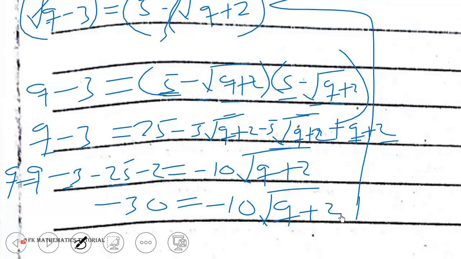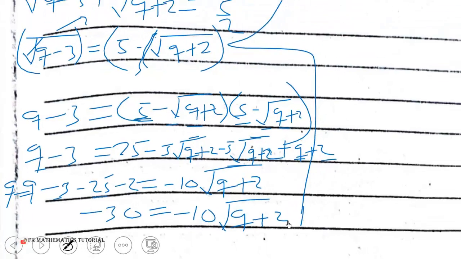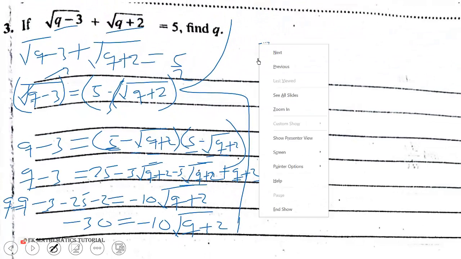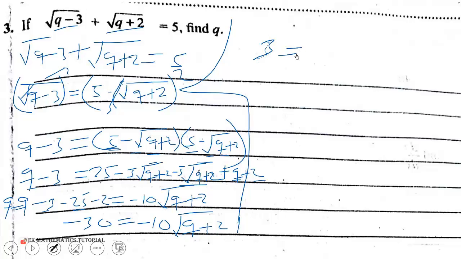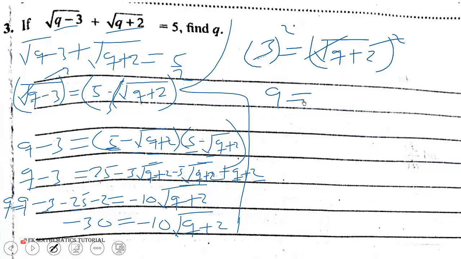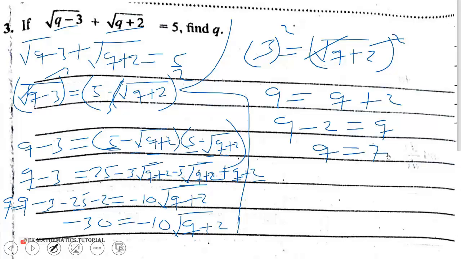Dividing through by negative 10, we get 3 equals square root of q plus 2. Squaring both sides, 9 equals q plus 2. So 9 minus 2 equals q. Therefore, q will be equal to 7.